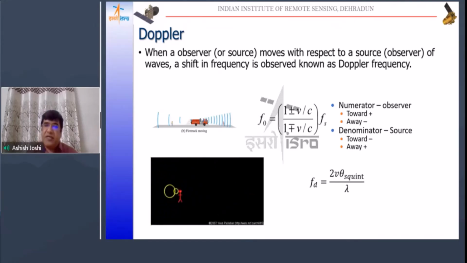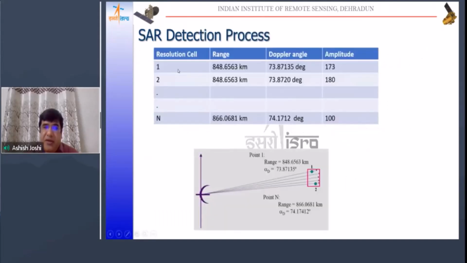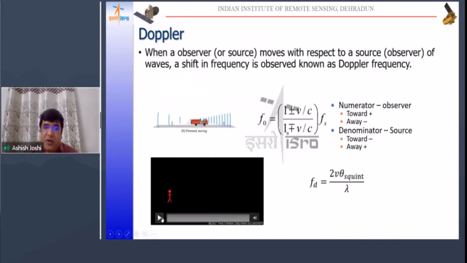So we have two equations: one is the range equation, the second is the Doppler equation. For a particular image cell, we have two pieces of information. One is the range information, since we get the range formula, and the other is the Doppler angle. The Doppler angle is the cone angle in the Doppler cone, as I told, which forms the Doppler cone.